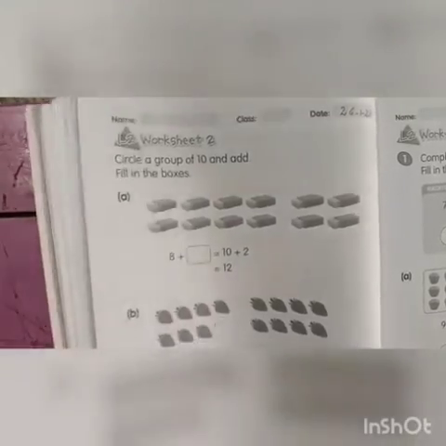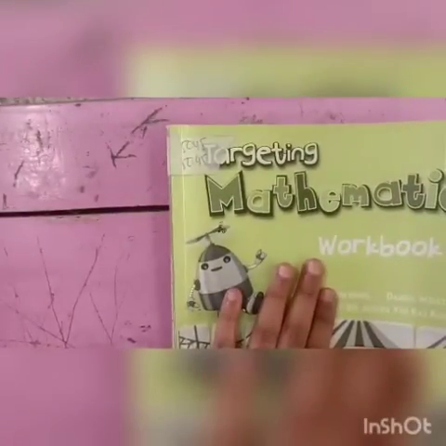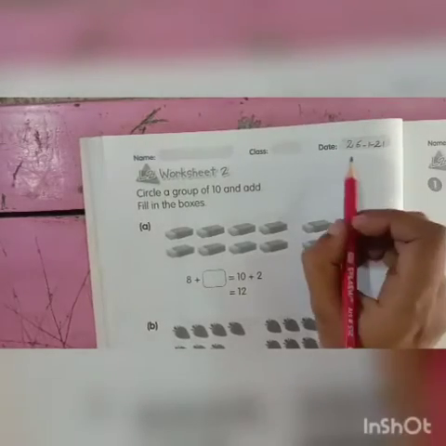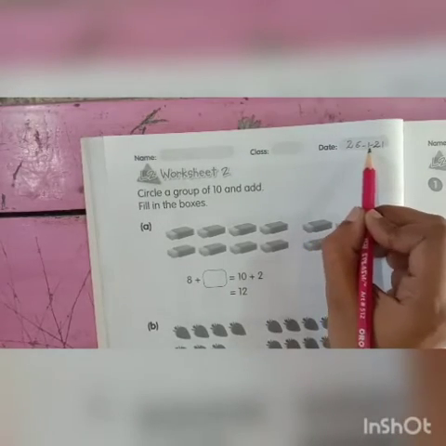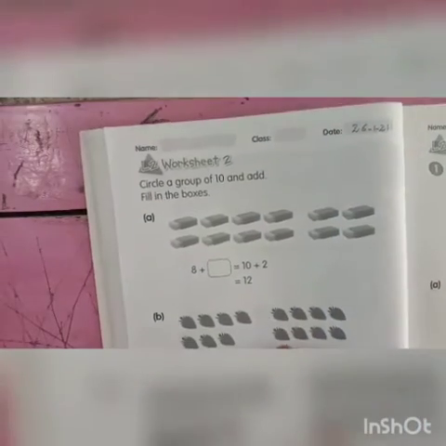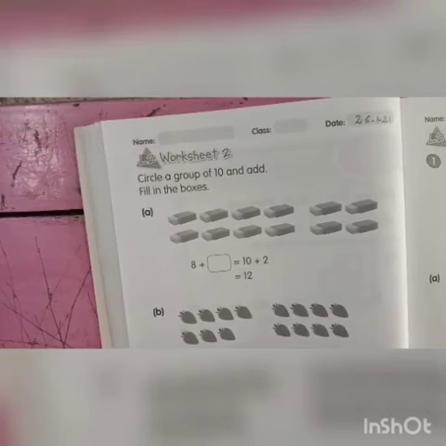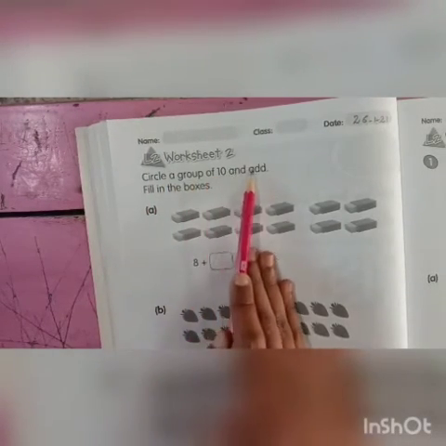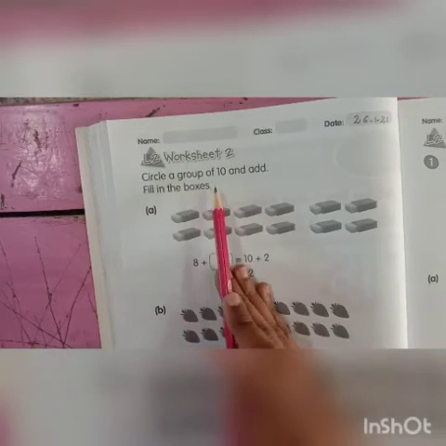Now level 1, open your mathematics workbook, this one, page number 58. First of all write today's date, that is 26/1/21. Now, circle a group of 10 and add, fill in the boxes.